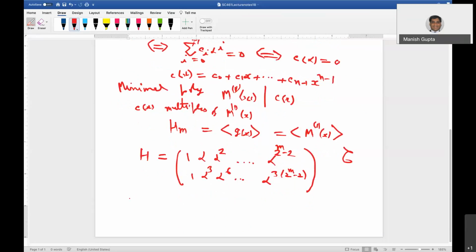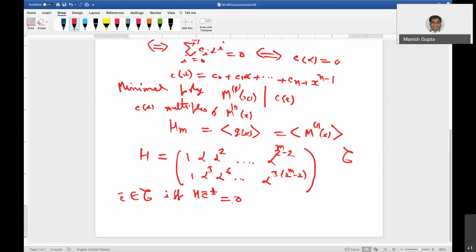A small c codeword belongs to C if and only if Hc transpose is equal to 0, by definition of the parity check matrix. H is the parity check matrix of a code C, which is our double error correcting BCH code.